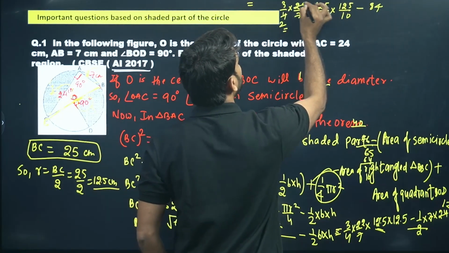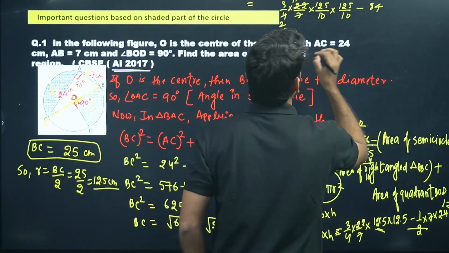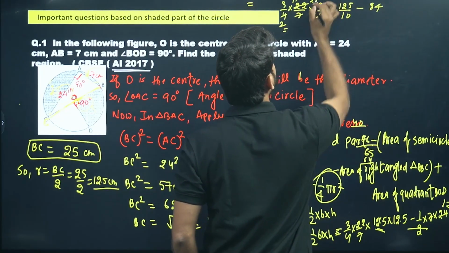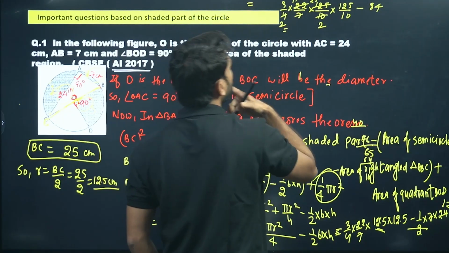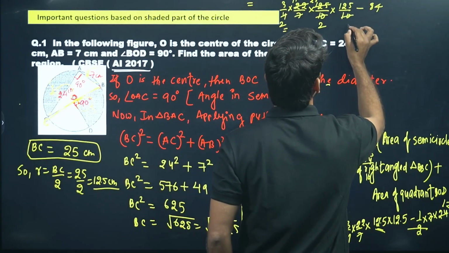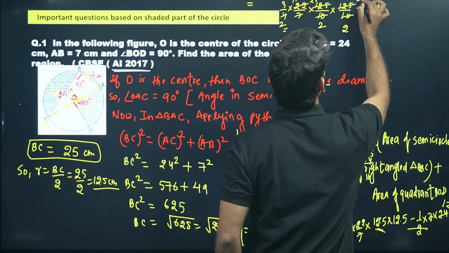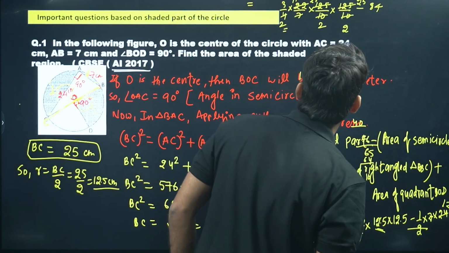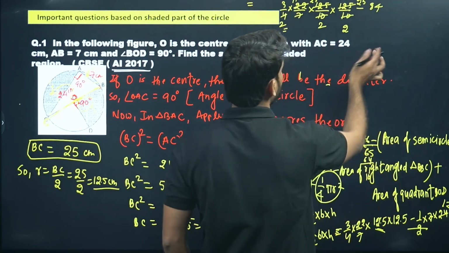2 2s are 4, 11 2s are 22. Now 2 5s are 10, and 25, 5 fives are 125. Again here, 2 5s are 10, 25, 5 fives are 125. Is there anything else we can do? Nothing more.